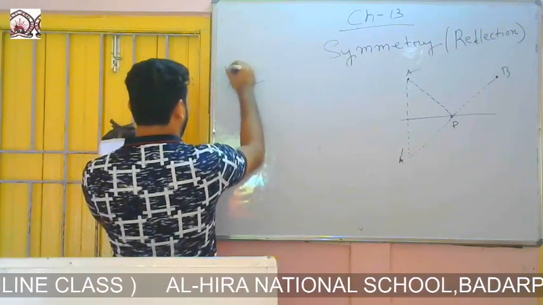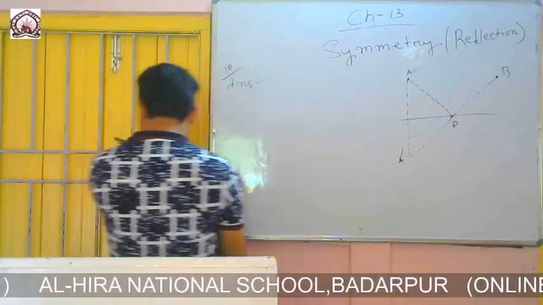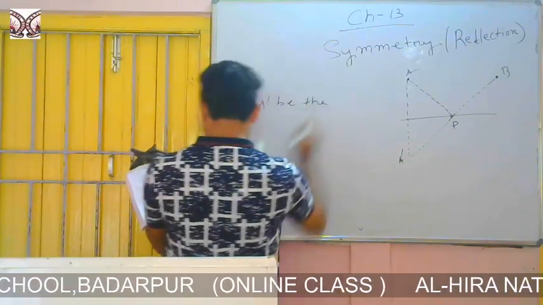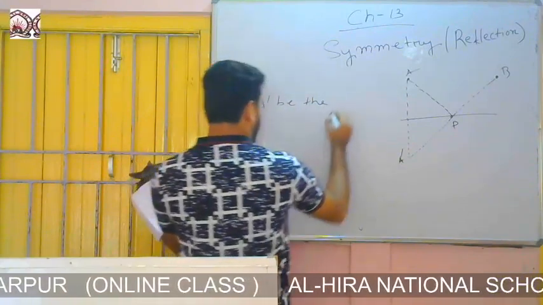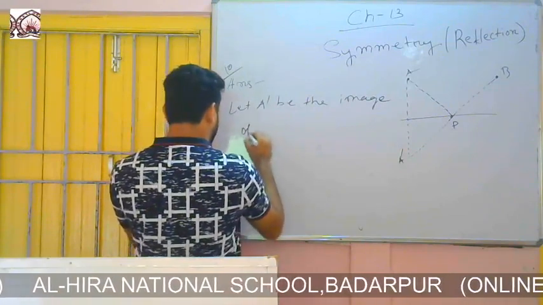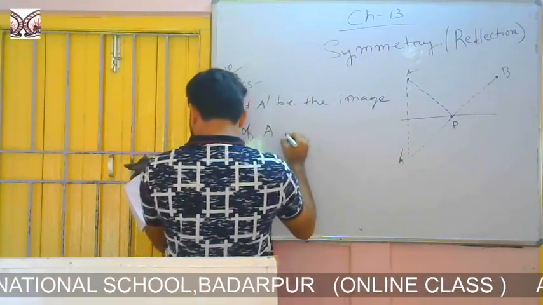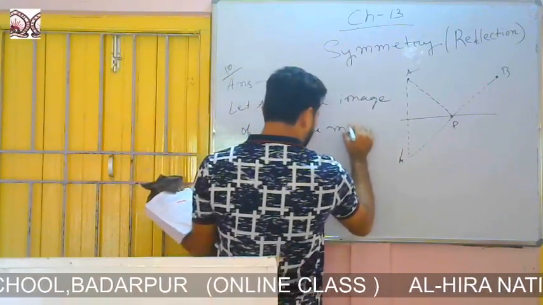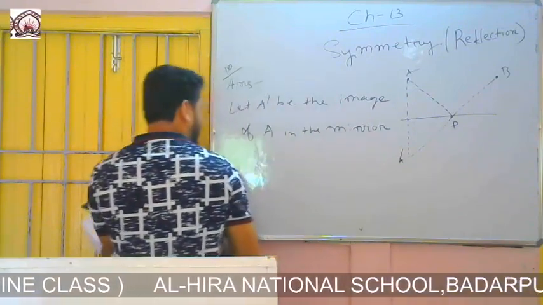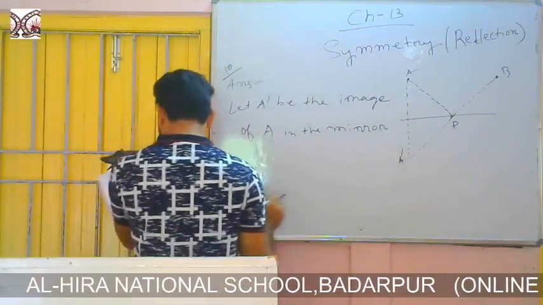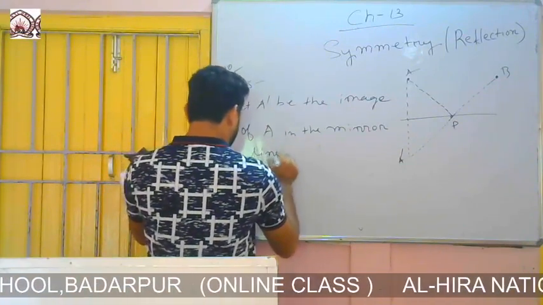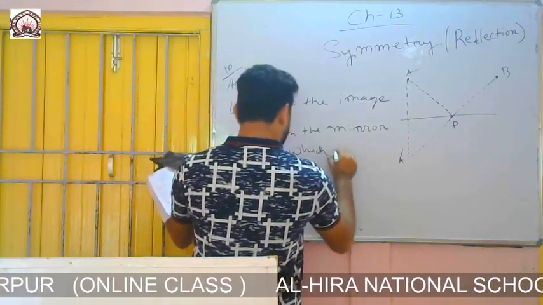So write the answer. Number 10, write: let A dash be the image of A in the mirror line, which is the street here. It is given in your question also, you can write this line directly.